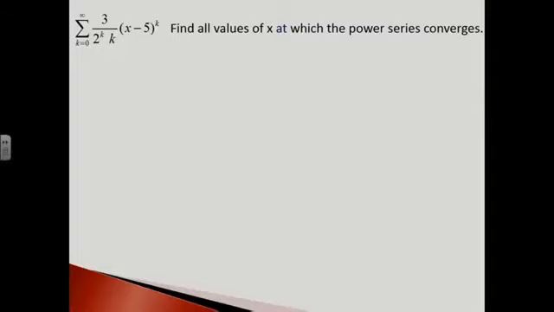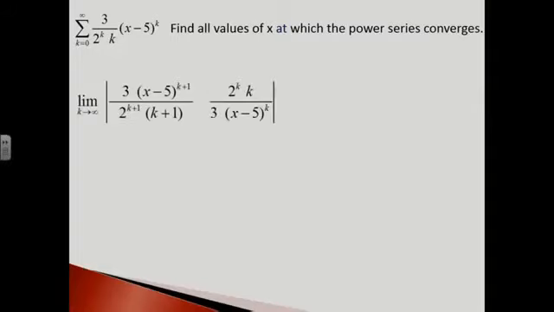We use the generalized ratio test. We take the limit of the ratio of the (k+1)th term to the kth term and take the absolute value. Simplifying the common terms, we get k multiplied by the absolute value of x minus 5 divided by 2 multiplied by (k plus 1).